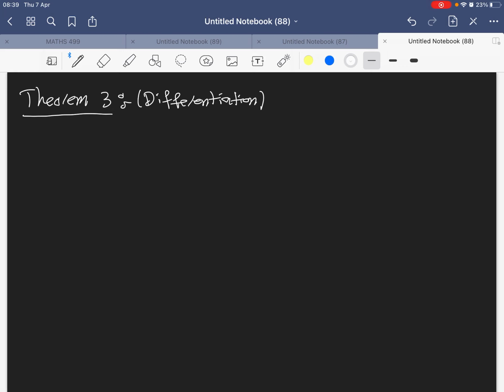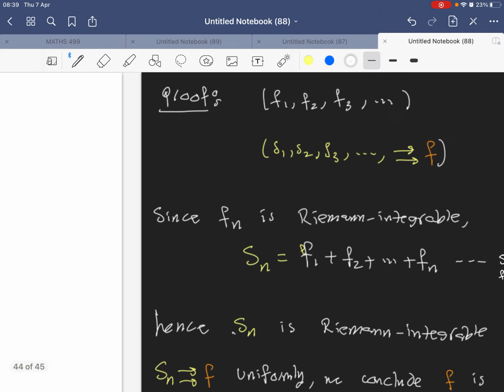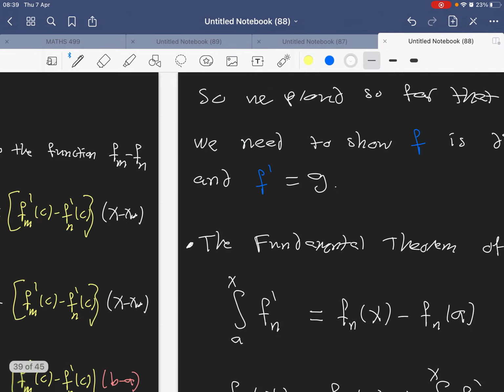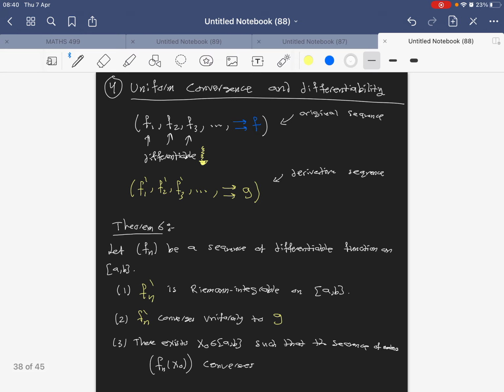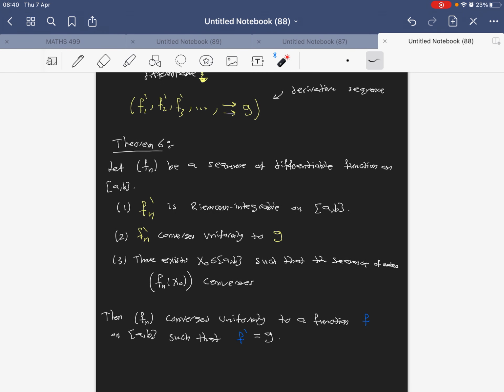Now, if you remember, for the differentiation, we have to talk about the sequence of the derivative. So there are some layers here. We need to check them. Let me just take you back to those conditions. You have the sequence, and then you have three conditions. The derivative must be Riemann integrable.